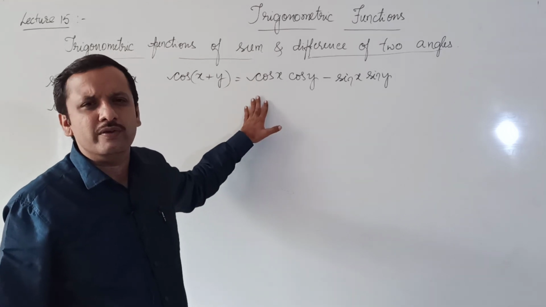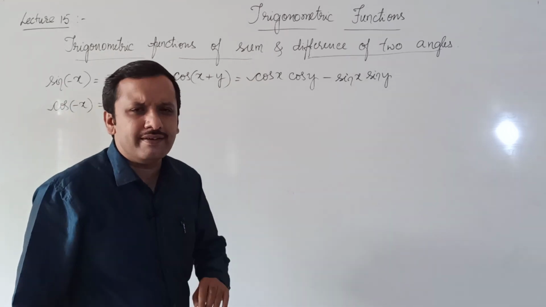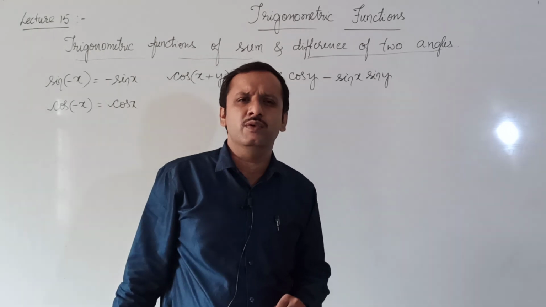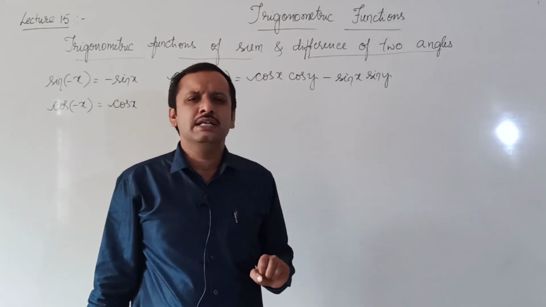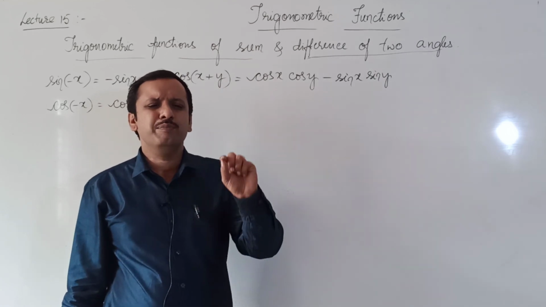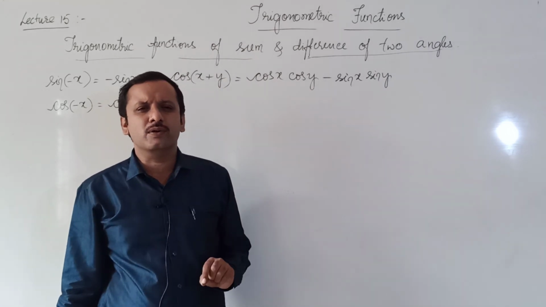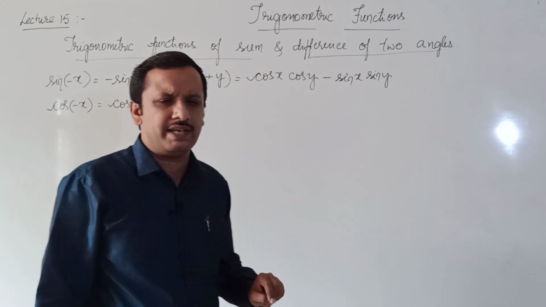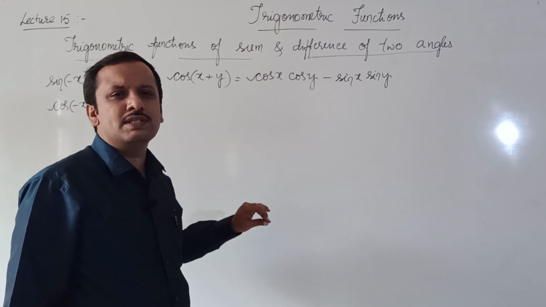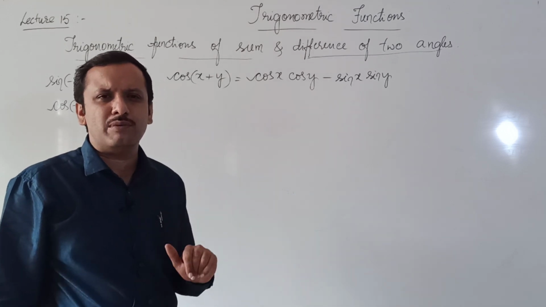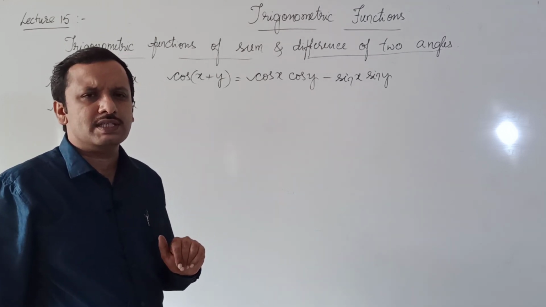That I am going to explain to you now. This is a very important derivation from the exam point of view. It is a definite question for either 5 marks or 6 marks. They will ask you to prove that cos(x plus y) equals cos x cos y minus sin x sin y, or they might ask you to derive a formula to find cos(x plus y). Such questions may be asked for 5 or 6 marks.